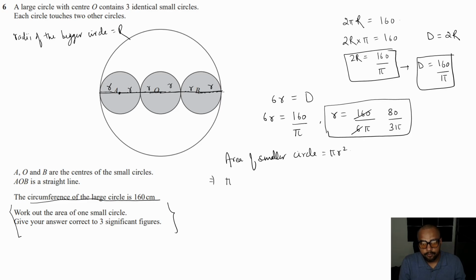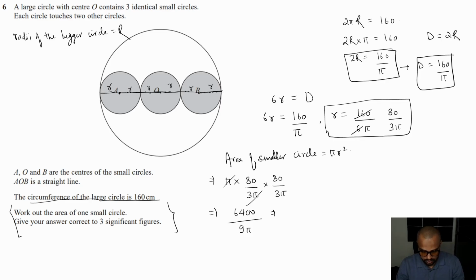So we get pi times 80 by 3 pi times 80 by 3 pi. We are just plugging in the value of r here. So this pi and this pi get cancelled. On calculating, we get 80 times 80, which is 6400 upon 9 pi.